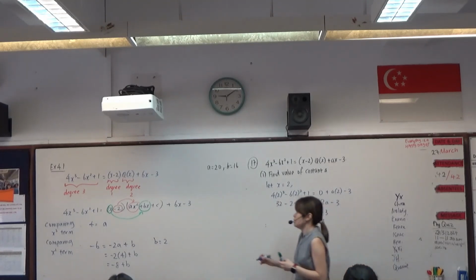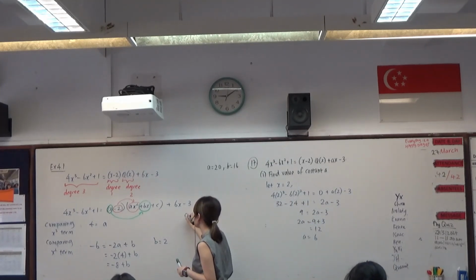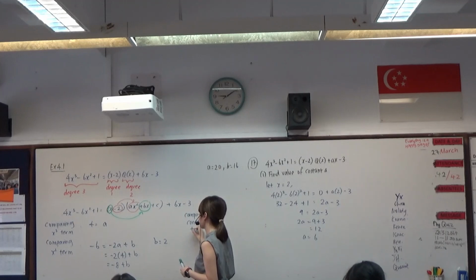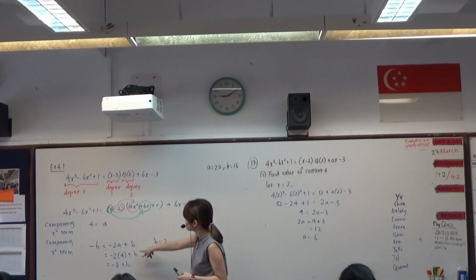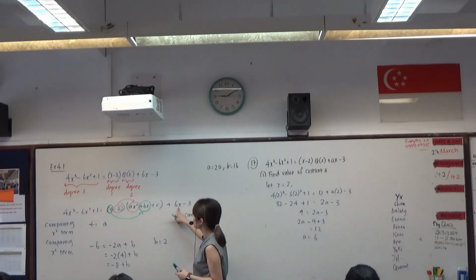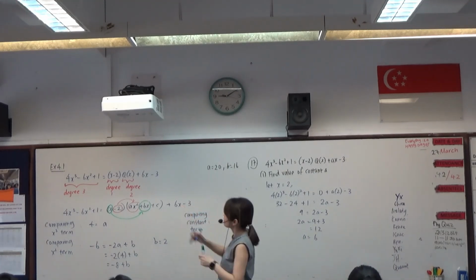Right? Then to compare the constant term, I'm just sticking to comparison. Plus 6. This one is the x squared term. 6 is an x term, power 1.